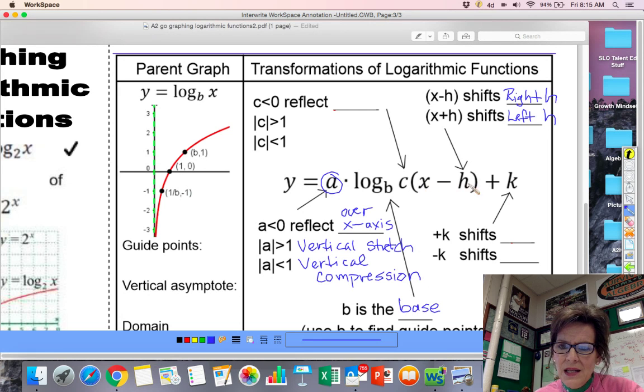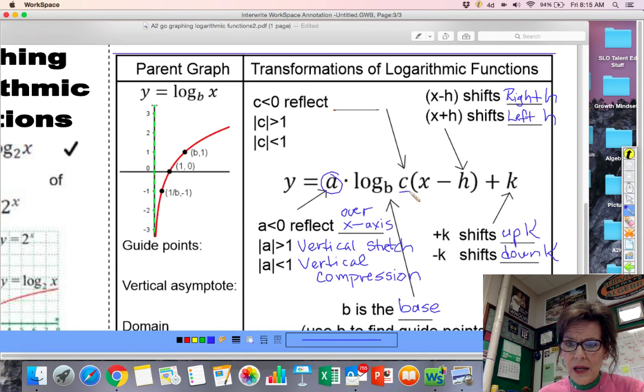The x minus h allows us to know where the vertical asymptote is. The plus k just gives us our vertical shift up or down. So plus k shifts up k units, and minus k shifts the whole function down k units from where it is on the mother function.